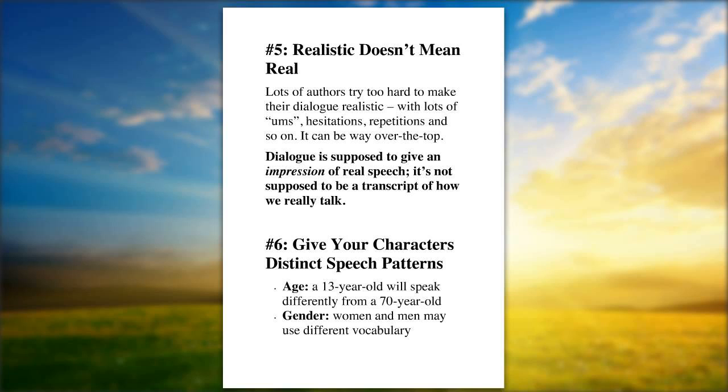A daughter telling her mum she's pregnant might hesitate in that moment because it's a big moment, but you wouldn't have her hesitating and stuttering in every single sentence. So you use hesitations, ums and ahs at specific moments, when a character is probably nervous about what they're saying.